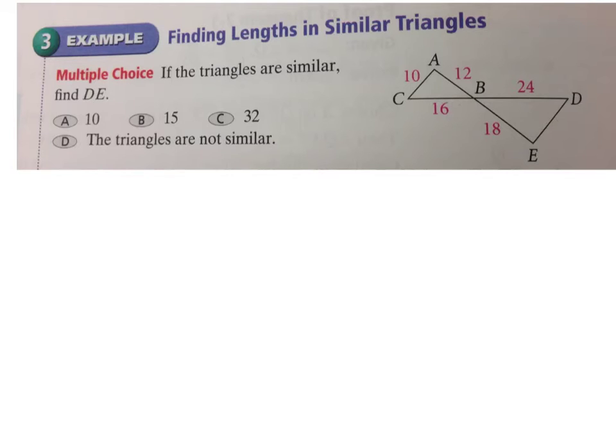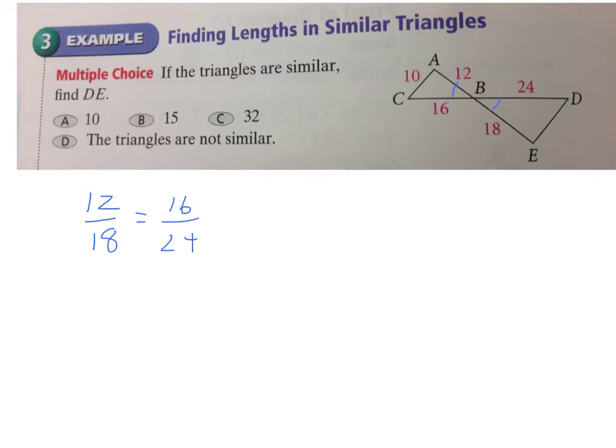Well, hopefully you'll agree that angle ABC and angle EBD are congruent by the vertical angle theorem. Next we have to see if the sides that include those angles are proportional. So AB over EB, 12 over 18, and see if that equals 16 over 24.